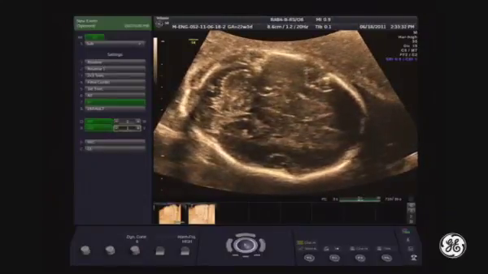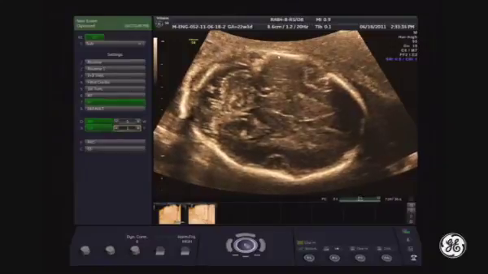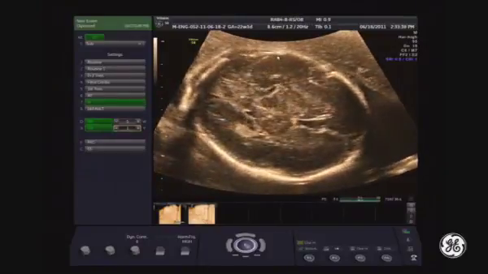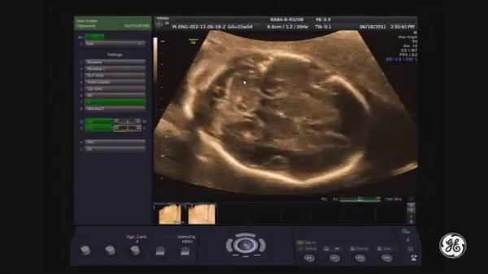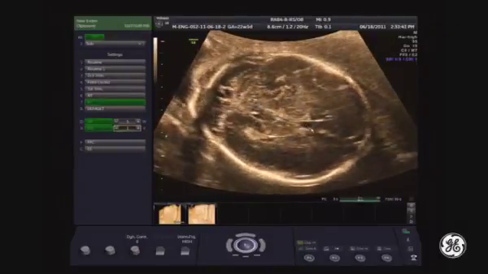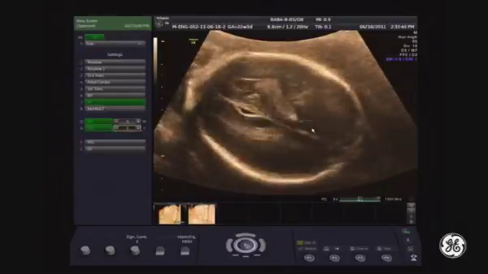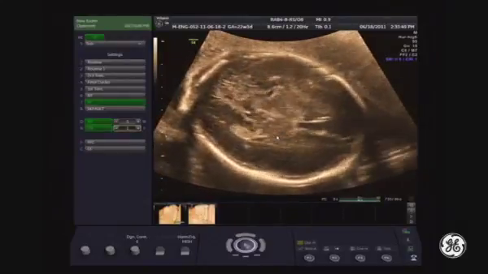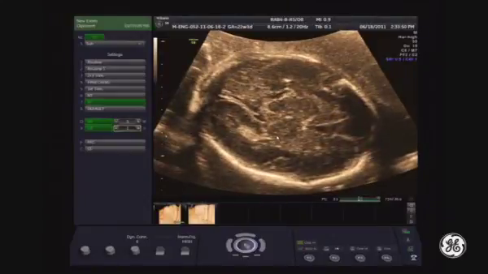This is very important because you will avoid these shadows that form behind the parietal bones. When both structures, cerebellum and the cavum septi, are nicely seen, as for nuchal fold, you can prepare your acquisition.